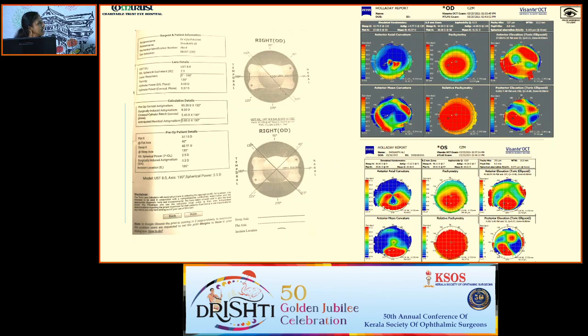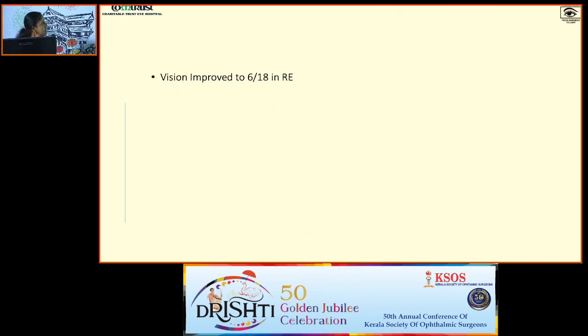You can see the flattening following the LASIK procedure and posterior ectasia, and we implanted a spherical equivalent of 2 and a cylinder of almost 6 in the IOL plane, and the patient's vision improved to 6/18. In all these cases, we can implant toric IOLs with a word of caution only.